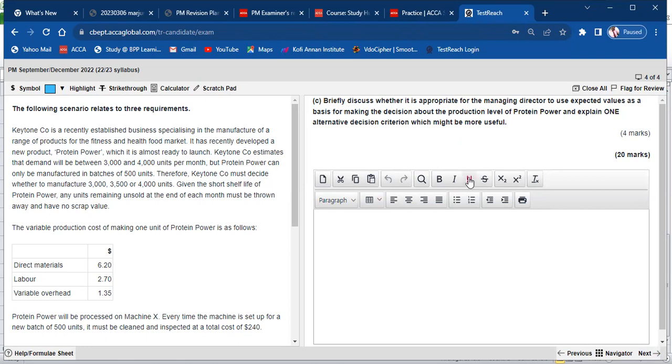The little word "and" means that I should be very cautious and make sure I answer all. Because of that, I'll highlight the verb discuss, and then the verb that comes after "and": explain.